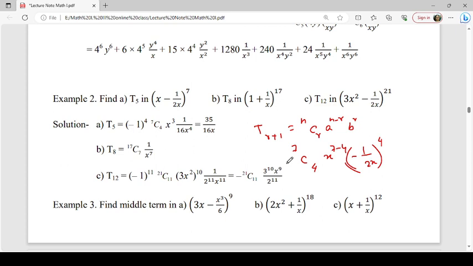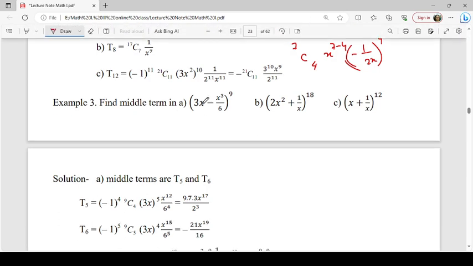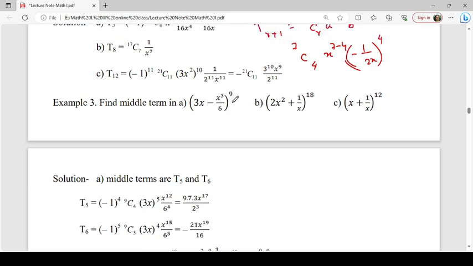Then the middle term, we have to find the middle term here. The middle term of 3x minus x cube by 6, so n is 9, so there are 10 terms. So we will have two middle terms here, t5 and t6.